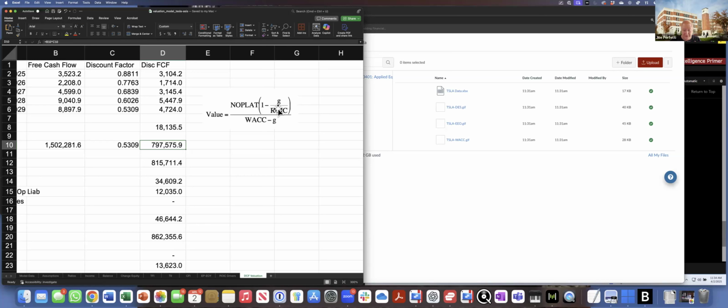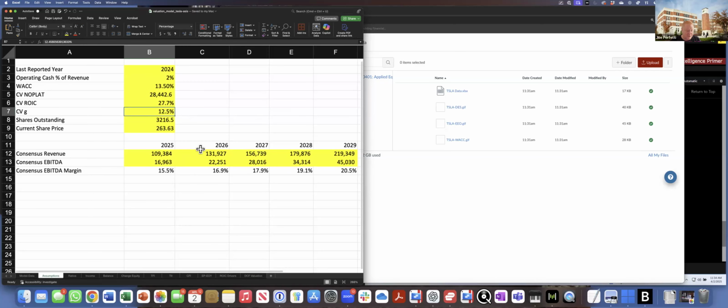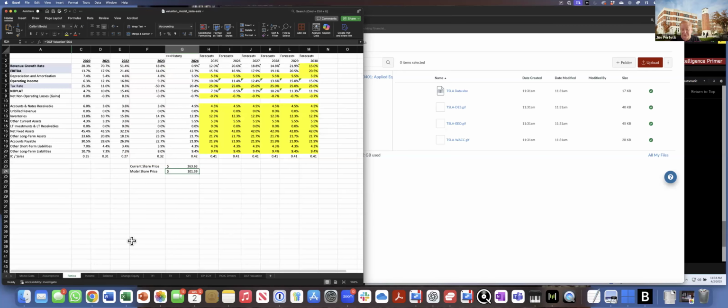So we are making an assumption in our process. I don't want to kind of be explicit about this. The G is very sensitive. Okay. Notice what happens to the share price if I go from 12.5 to say 10% G, which still seems like a crazy G, but the share price is $101 a share.